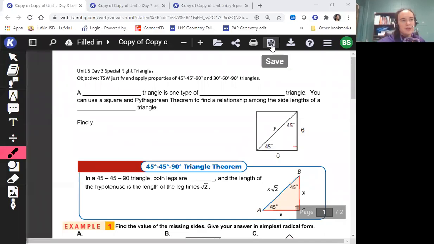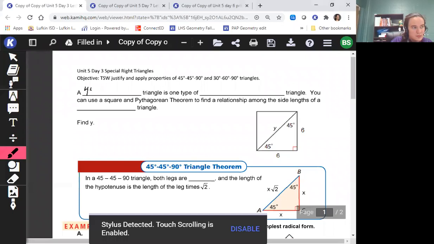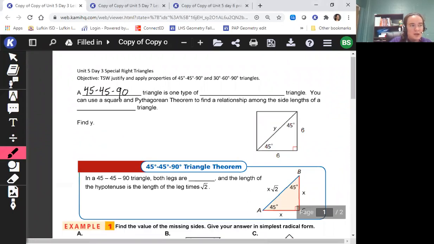Today we are working on special right triangles. So our first kind of special right triangle is a 45, 45, 90 triangle. And 45, 45, 90 refer to the degree measures in the triangle.